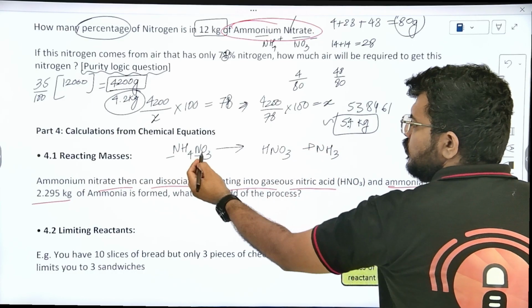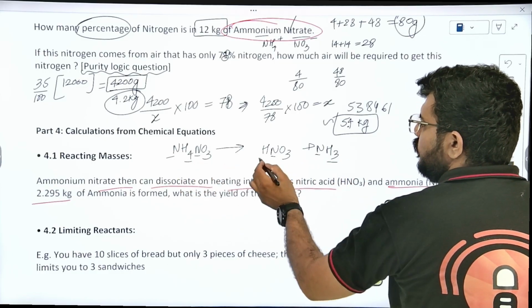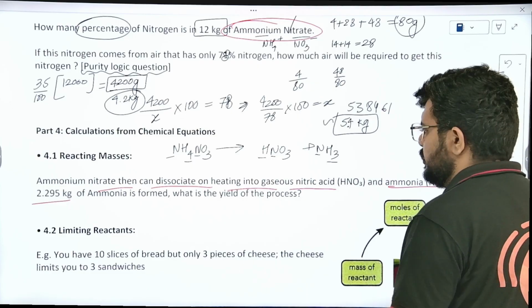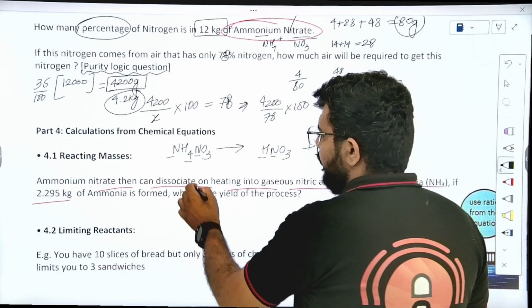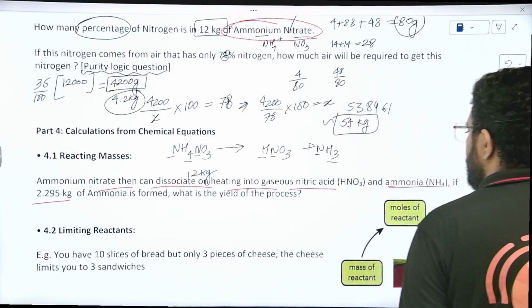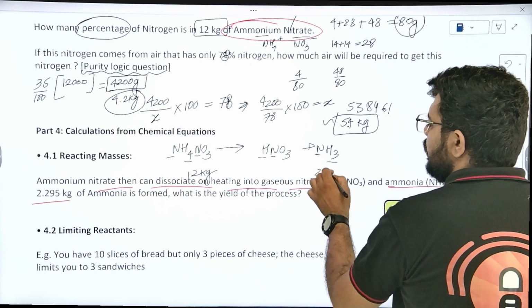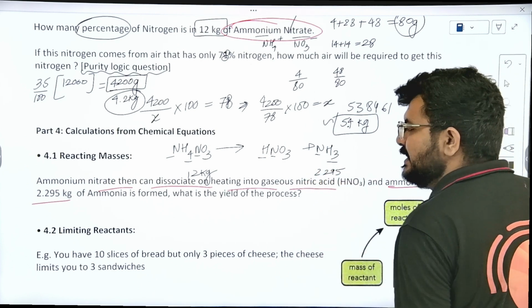There are two nitrogen, four hydrogen, right, three oxygen. So 12 kg of this dissociates and 2.295 kg of ammonia is formed. What is the yield of process?